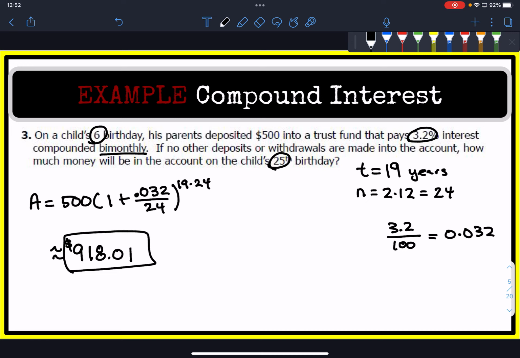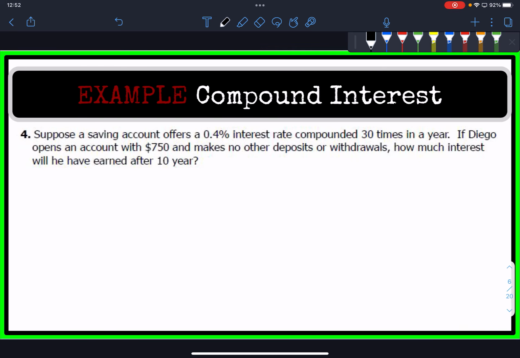Now for the next question, suppose that a savings account offers a 0.4% interest rate compounded 30 times in a year. If Diego opens an account with $750 and makes no other deposits or withdrawals, we want to know how much interest he will have after 10 years.